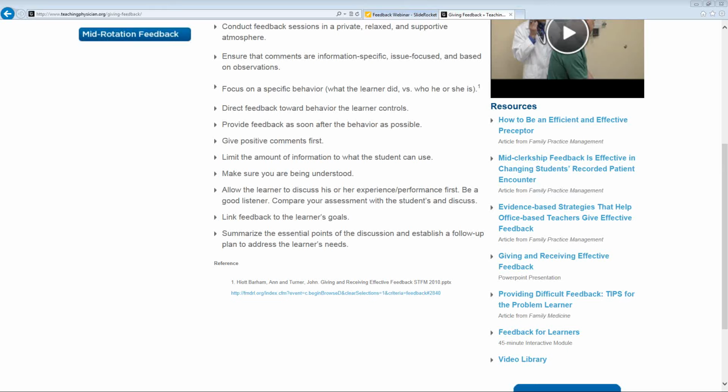So basically it hits two major points that we've covered. Number one, figuring out what is the goal of the experience that you're dealing with for today. So for example, if the person you're working with says, I really want to work on development of a differential diagnosis, or I really want to work on my eye exam, or I really want to work on common antibiotics.